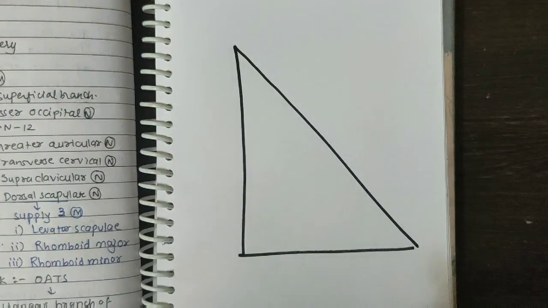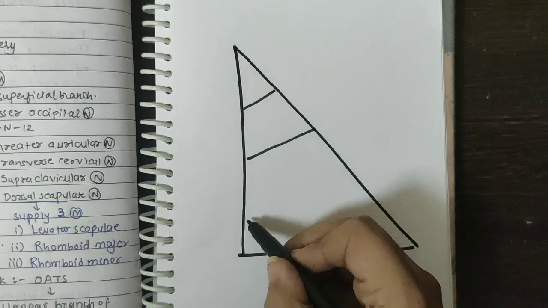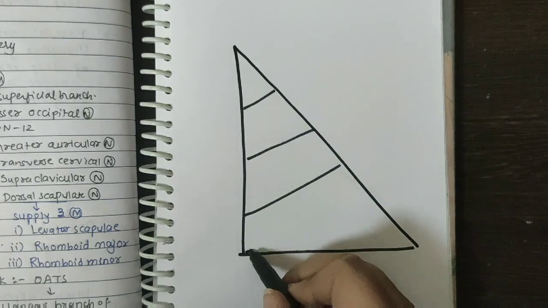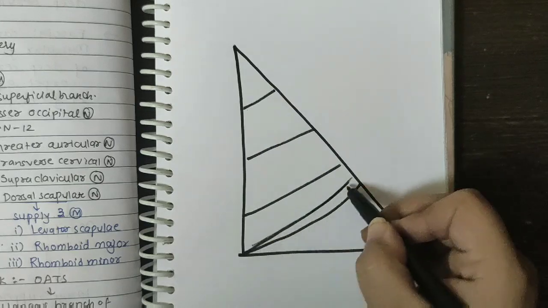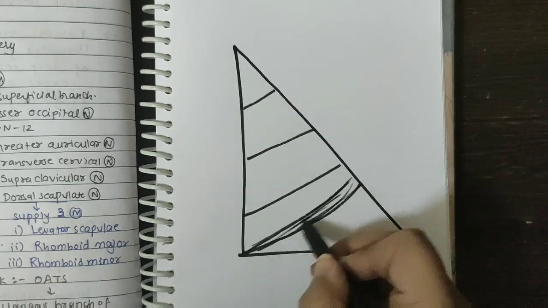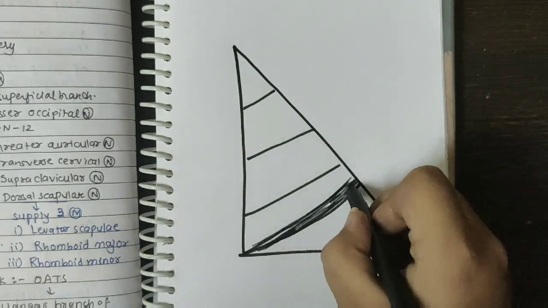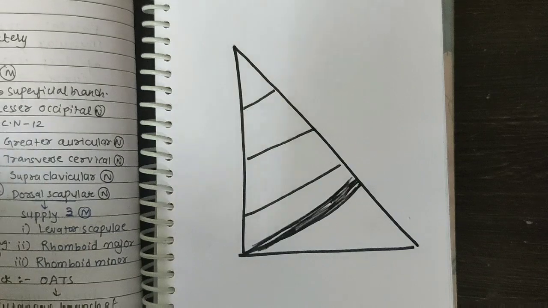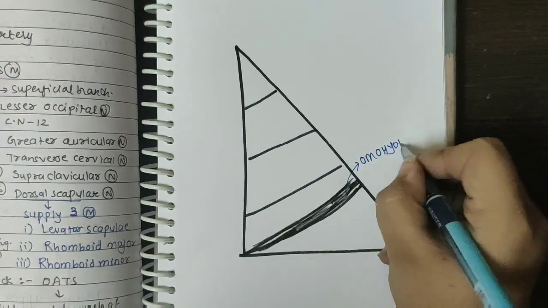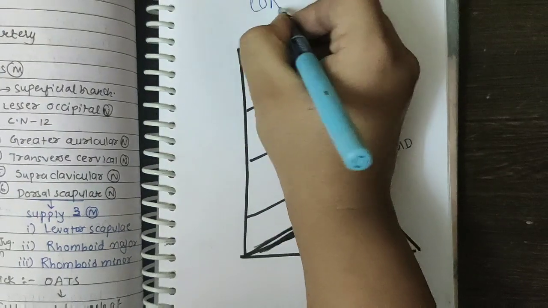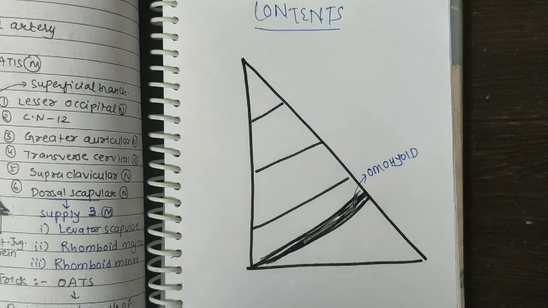Divide the triangle into three parts and the fourth muscle will be going like this. Now remember this fourth muscle is our omohyoid muscle. Here we are looking at the contents.